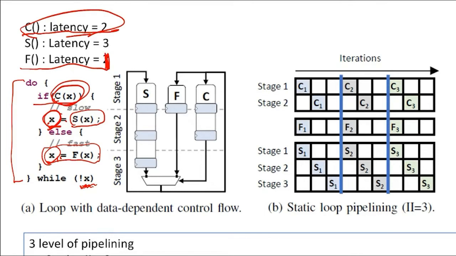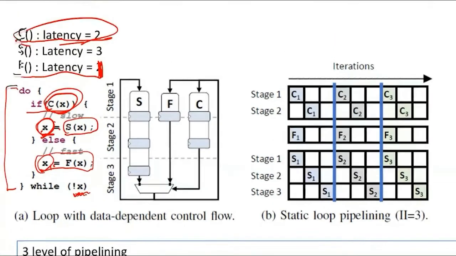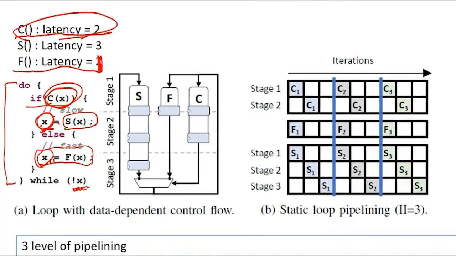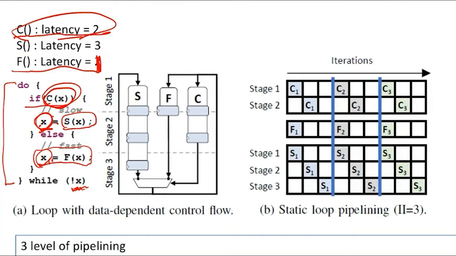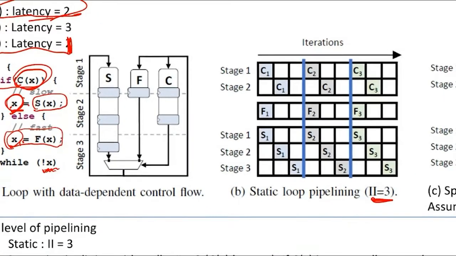So for this problem, how do you design this pipeline? The most simple-minded approach: if you give the job to the HLS compiler, you will get II equals 3, like this example.